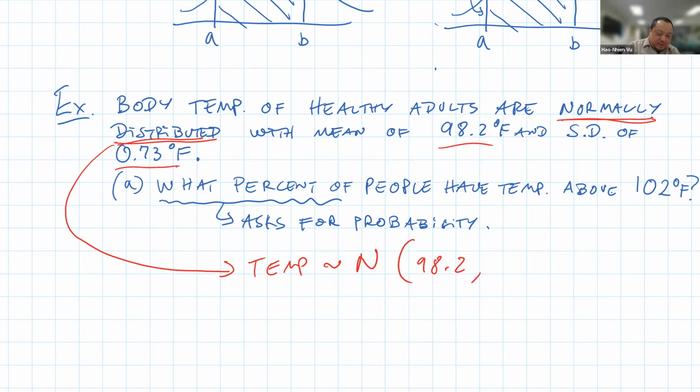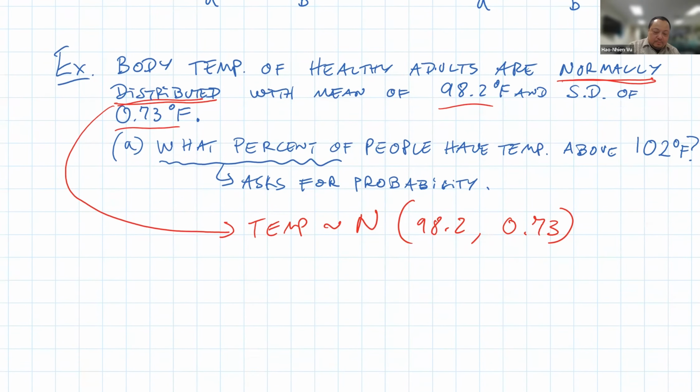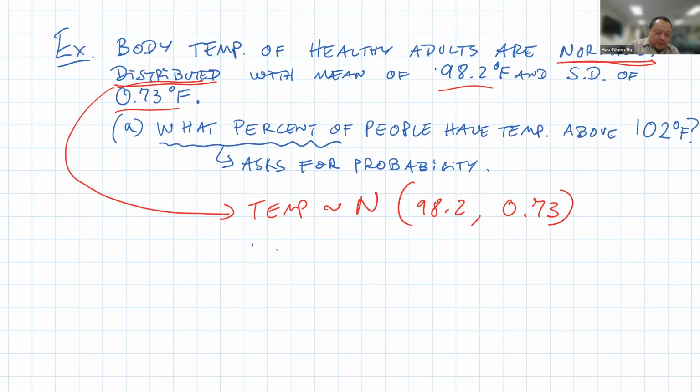We look it up, it says 0.73. And we're looking for probability that the temperature is above 102. And for this, we use StatCrunch.